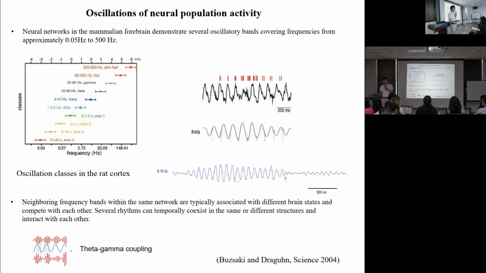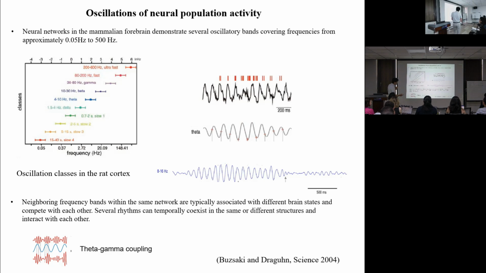However, at the circuit level, we see some emergent, self-organized phenomena, as I said. One phenomenon is oscillations. Oscillations are ubiquitous in neural circuits, and also in nature as well. So oscillations are extremely important.